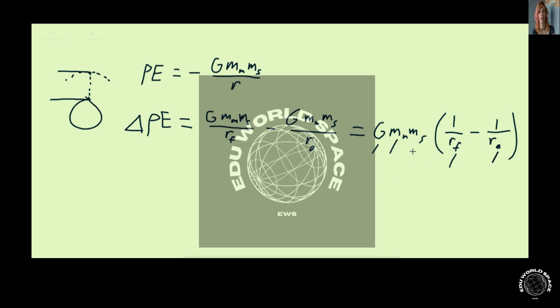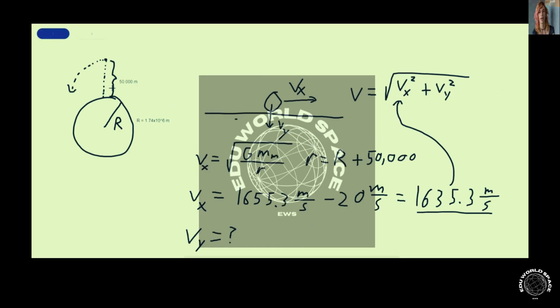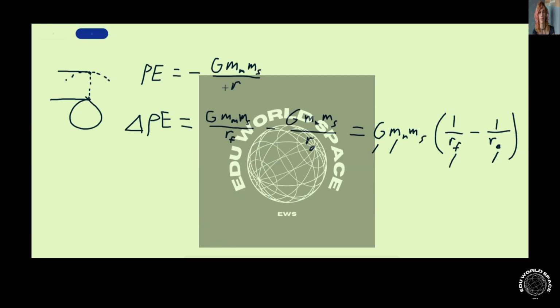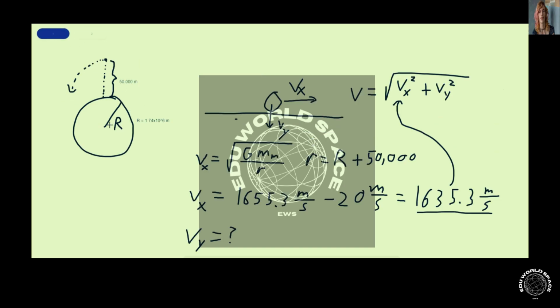So what's its final distance from the center of the moon? Looking at our original picture, we see that its final distance is simply the radius of the moon itself. And its original distance, r naught, is going to be the radius of the moon plus that 50,000 meters, which we did right here.